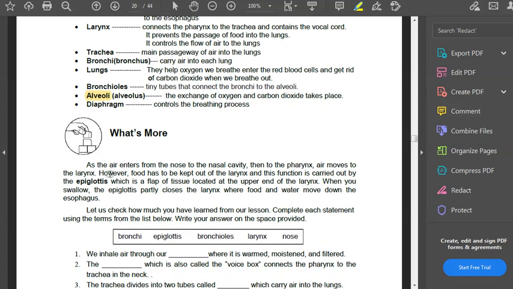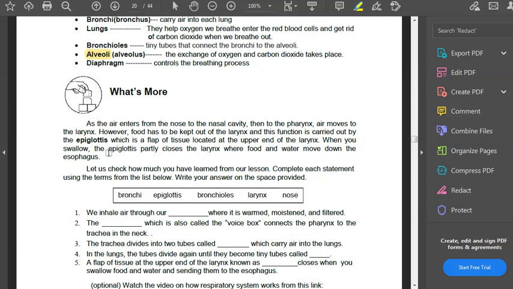Okay, let's go to what's more. So, as the air enters from the nose to the nasal cavity, then to the pharynx, air moves to the larynx. However, food has to be kept out of the larynx. As I said earlier, this function is carried out by the epiglottis. The epiglottis is a flap of tissue located at the upper end of the larynx.